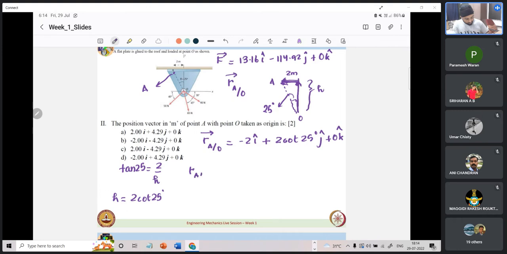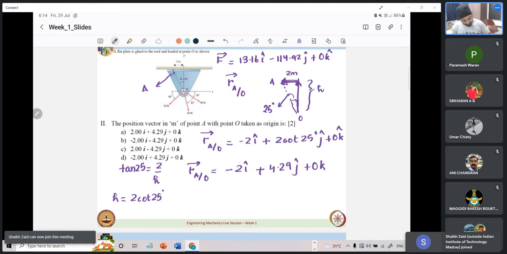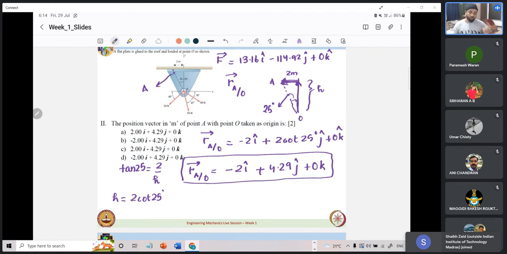So if we calculate it, it will be minus 2 I cap plus 4.29 J cap plus 0 K cap. So this is our position vector of point A with O kept as origin. Which is the option that is matching? Option D is matching, we can see.